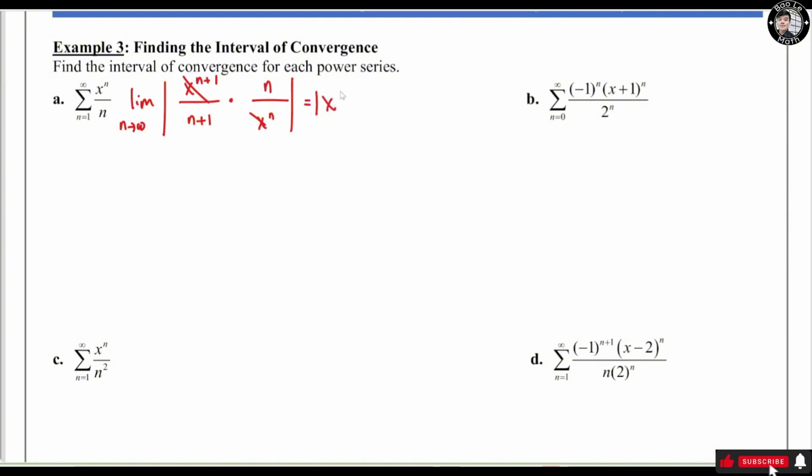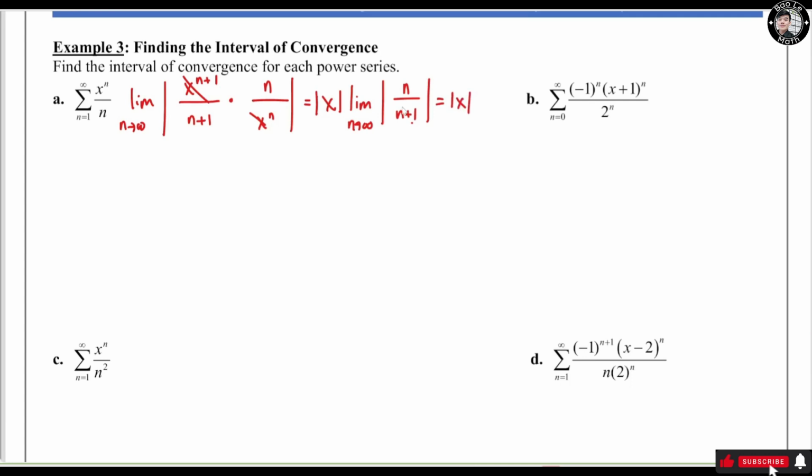So we have s left here, and we can bring s to the front. So absolute value of s times the limit of absolute value of n over n plus 1, when n approaches infinity. When n approaches infinity, the 1 doesn't really matter, so we have n over n, which means 1. So this is why I have absolute value of s.